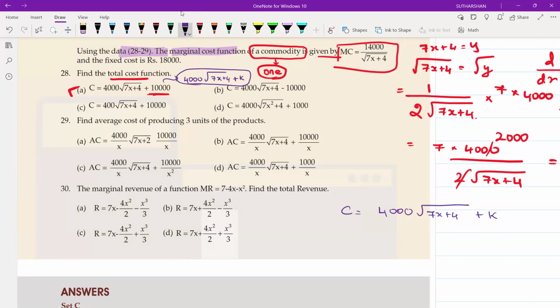So that k, how can we find out? I will substitute C equal to 18,000 as my fixed cost, and x equal to 1. If I substitute, 18,000 equals 4,000 root of 7 into 1, which is 7, plus 4, will become 11, plus k.